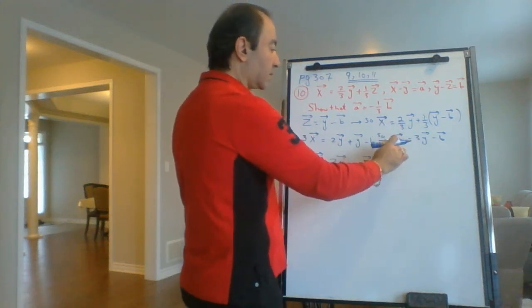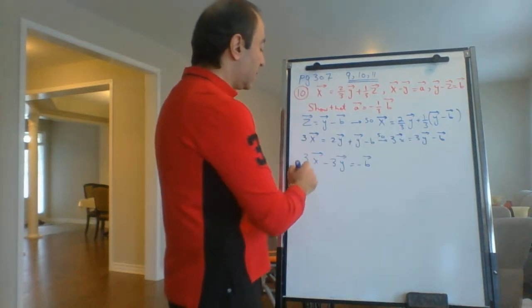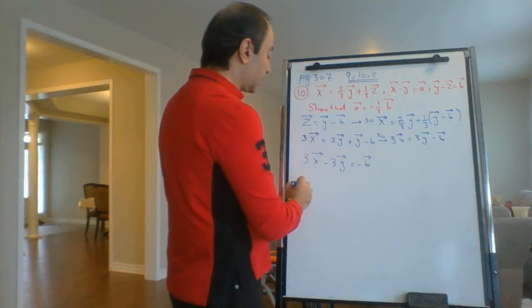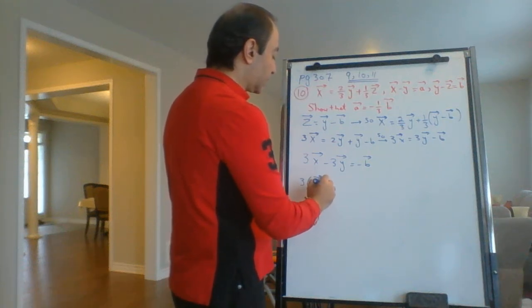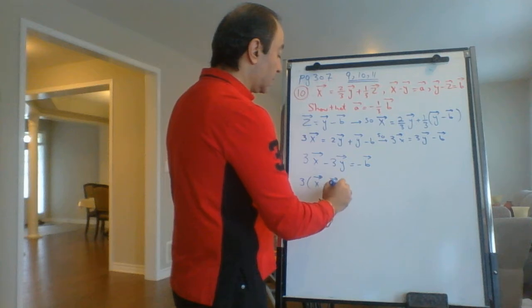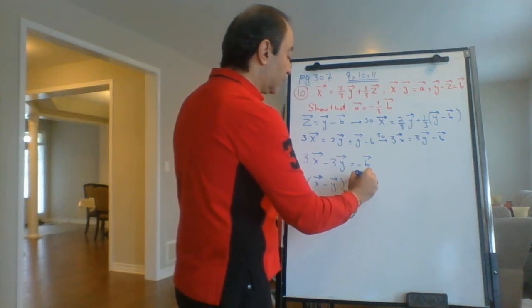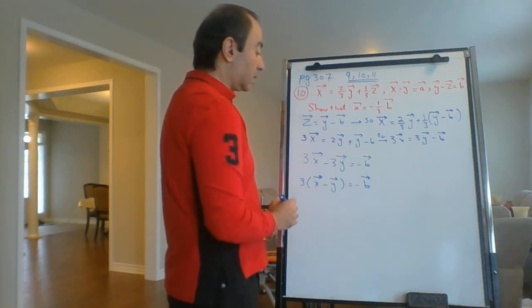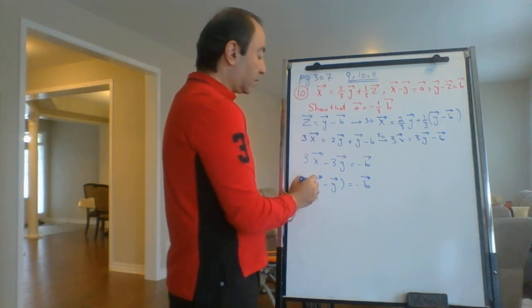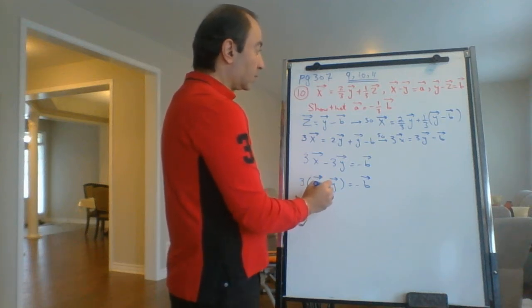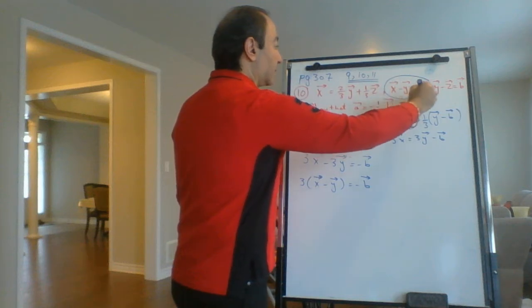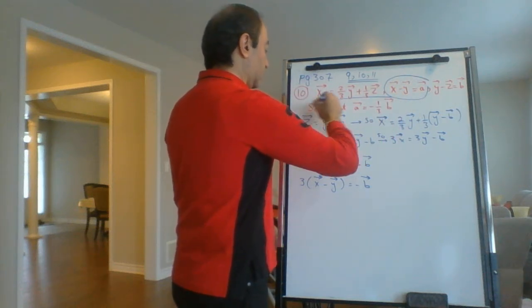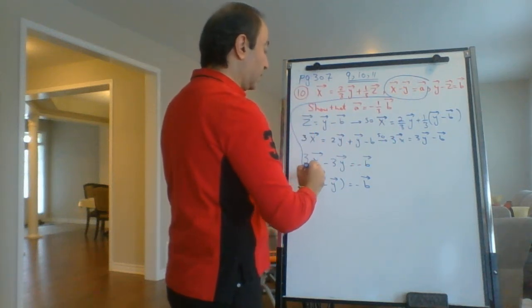I move this to this side with an opposite sign. I can factor the 3 out, so 3 times vector x minus vector y equal negative vector b. Then, to my surprise, I found that vector x minus vector y is vector a.